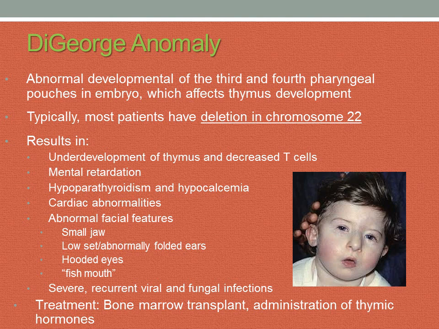It results in the underdevelopment of the thymus and, of course, then decreased T cells, mental retardation, hypoparathyroidism, which leads to hypocalcemia, cardiac abnormalities, and they do have a rather distinctive set of facial features, including a small jaw. Their ears are low set and often folded over, hooded eyes, and something that is sometimes described as fish mouth.